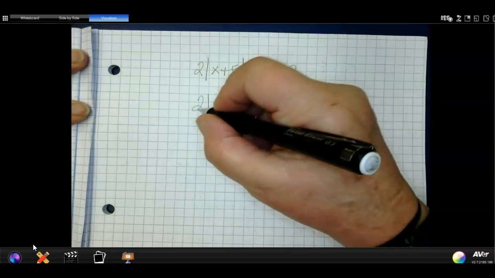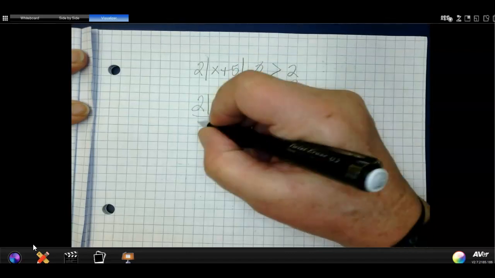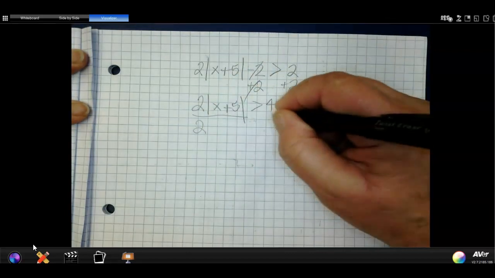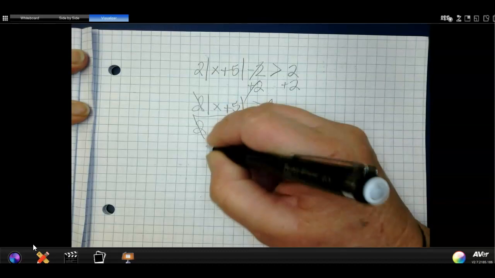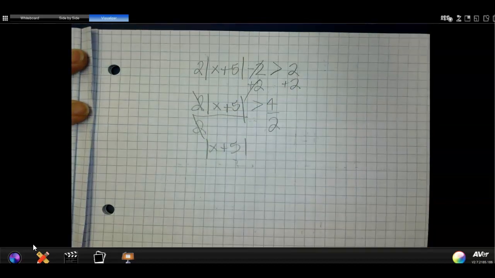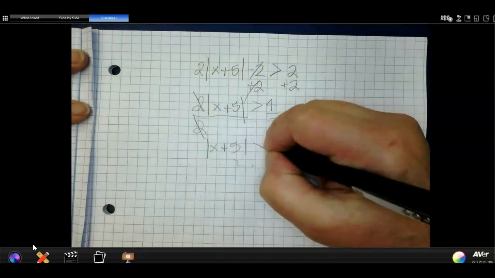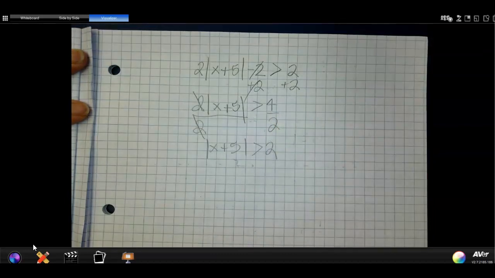Now I need to divide by 2 to isolate my absolute value part. So now I'm left with the absolute value of x plus 5 is greater than 2. Okay?